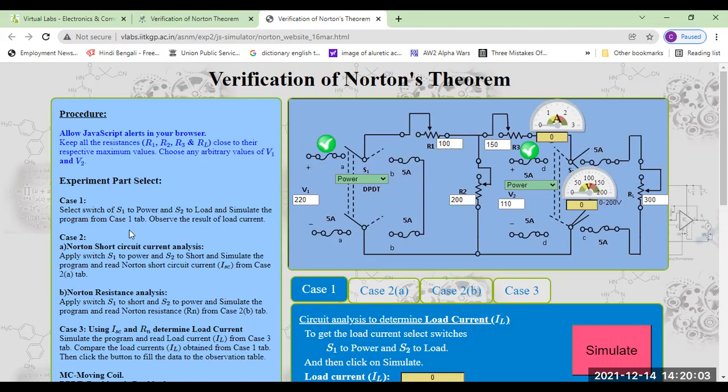Now what is the procedure? Select S1 to the power and S2 to the load and simulate the program for the case 1 tab. Observe the result of the load current. First you have to select S1 to the power and S2 to the load, which connects it in this area, so you can get the result.